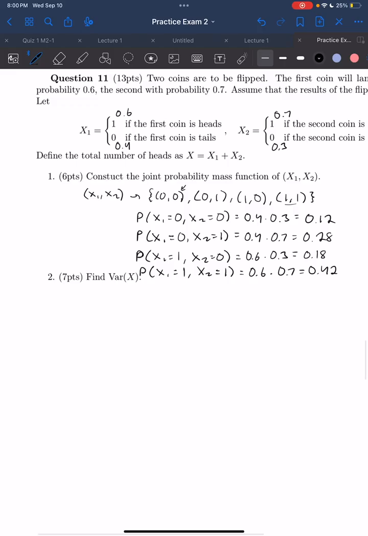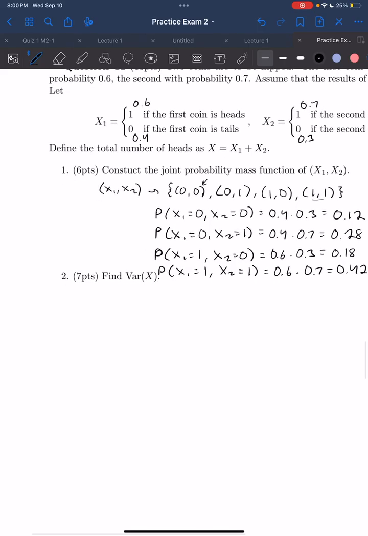So now we need to solve for the variance of x. Since they're independent, our variance of x will be equal to our variance of x1 plus our variance of x2.